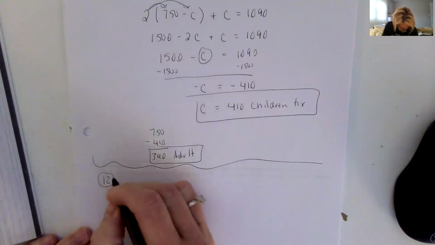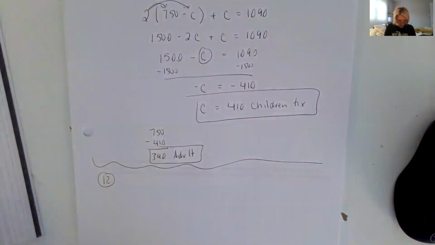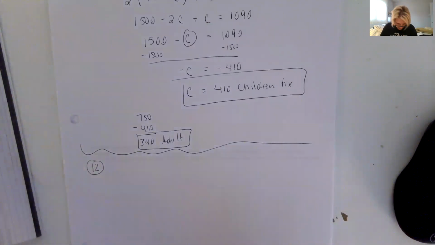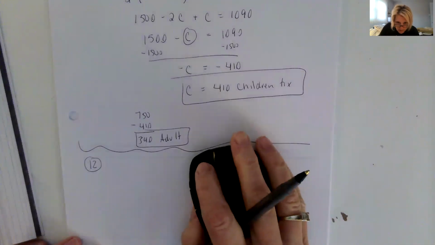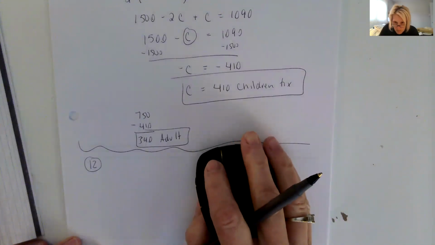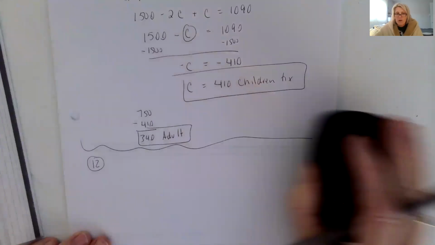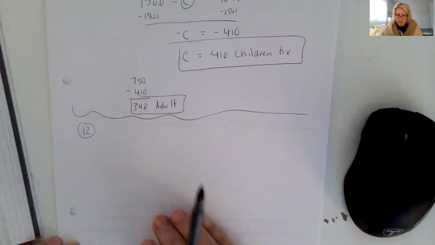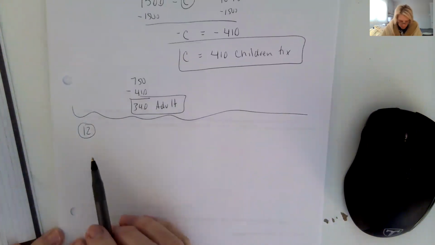Now 12 says how much. So these can be done in Desmos too. So let me just show you here. Let's just change this up. Okay, so number 12, let's write out the equations and then we'll find these solutions in Desmos.